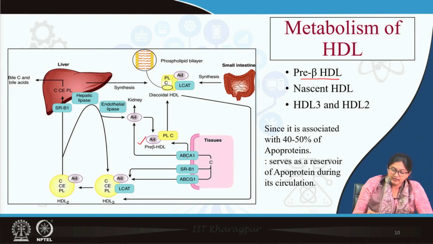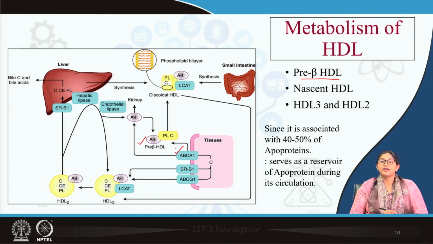You can see pre-beta HDL takes up cholesterol from extrahepatic tissues through the receptor ABCA1.